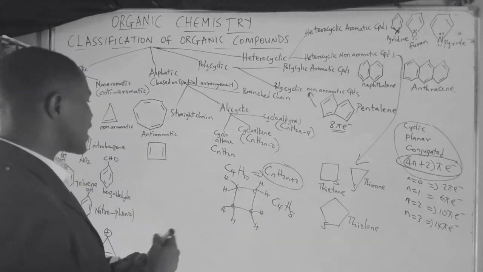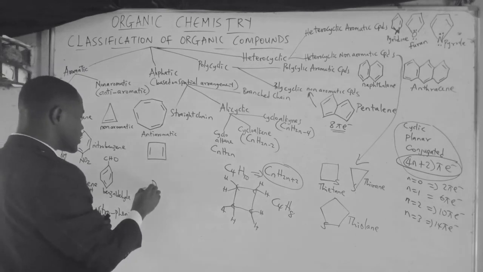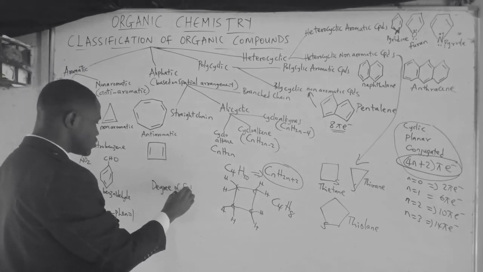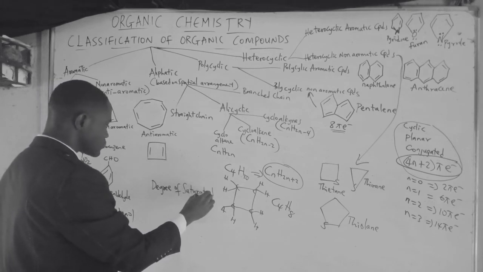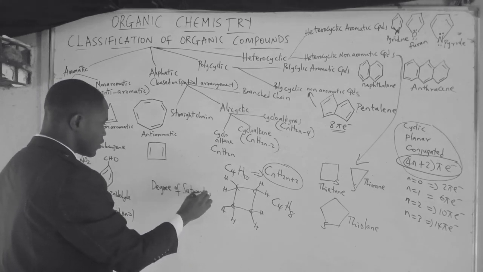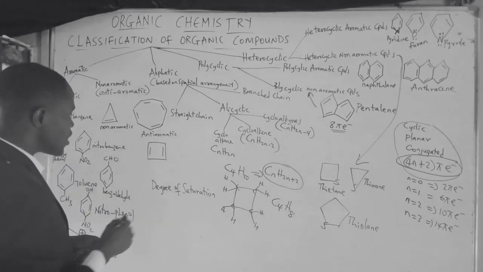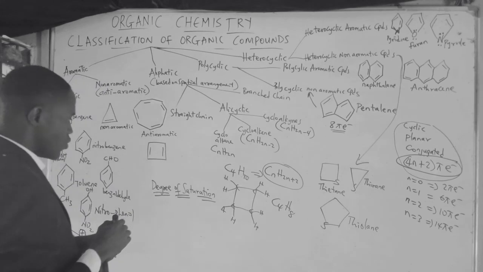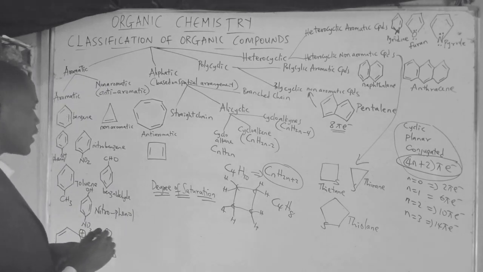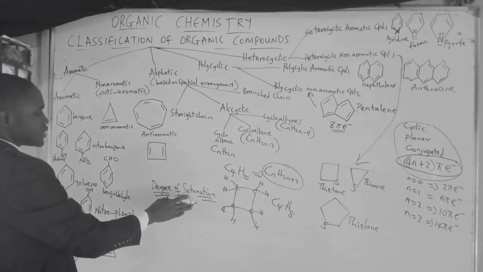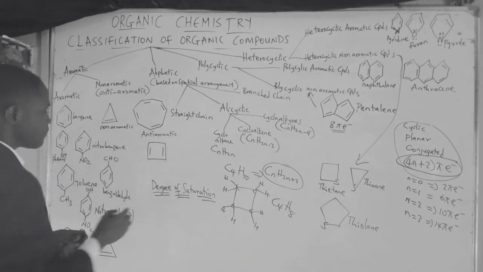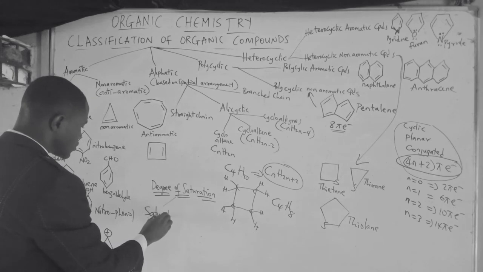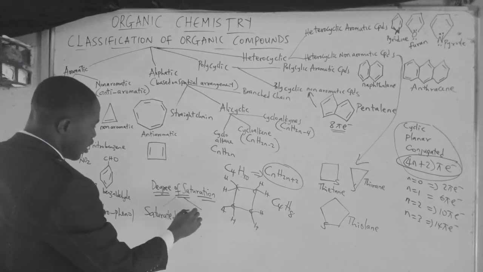Now, organic compounds can also be classified based on degree of saturation. Under degree of saturation, they can be saturated or they can be unsaturated.